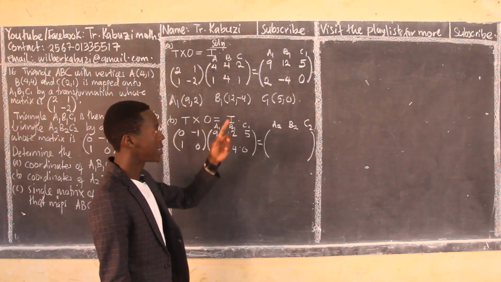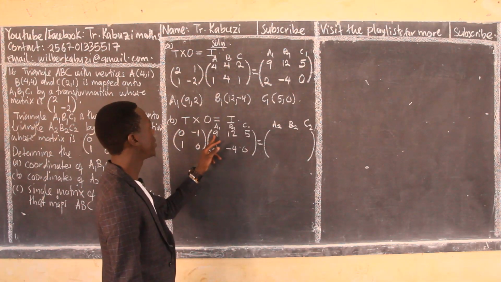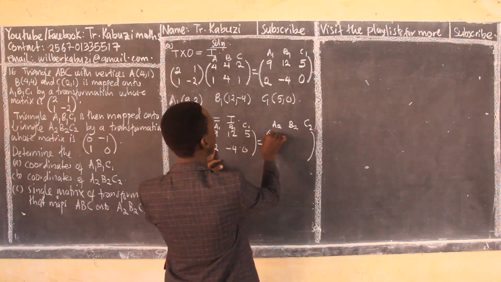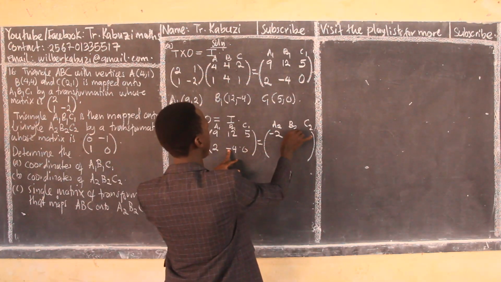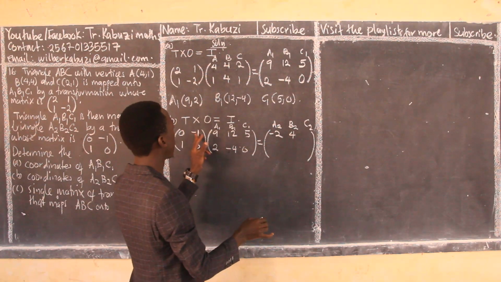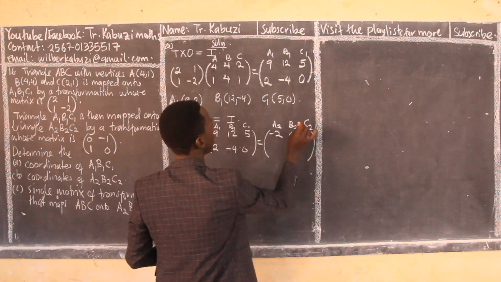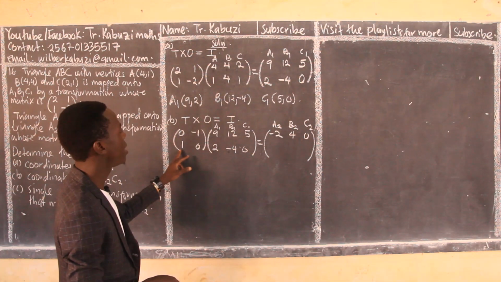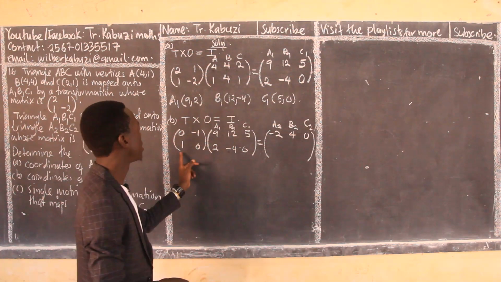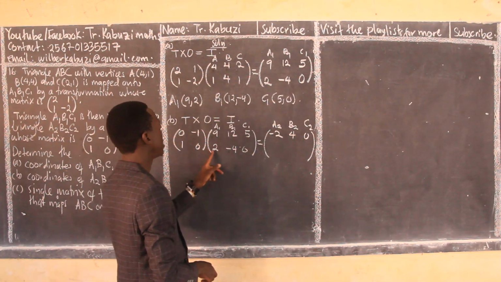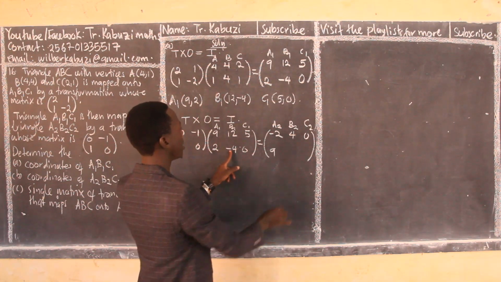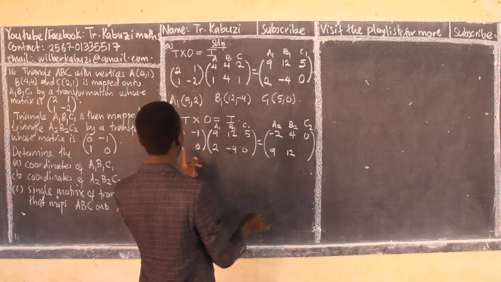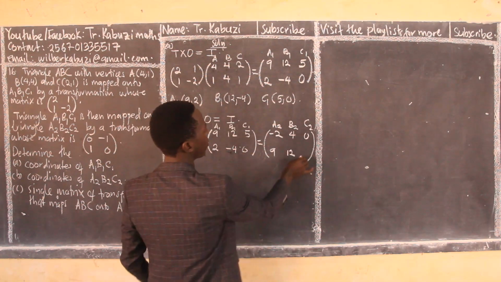This time this is 0, so you have -2, 4, 0. So I'm done, and I come to the next row, multiplying this times this, then plus this times this, which will be 9, 12. That will give me 5.